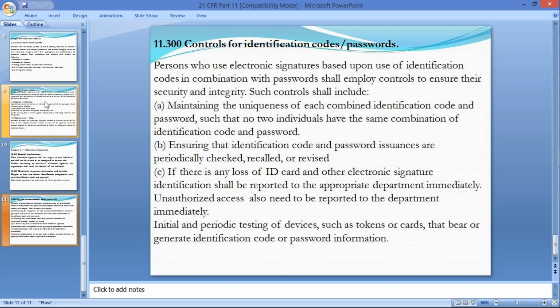Unauthorized access. Initial and periodic testing of devices like tokens and cards which carry ID and password combination information.